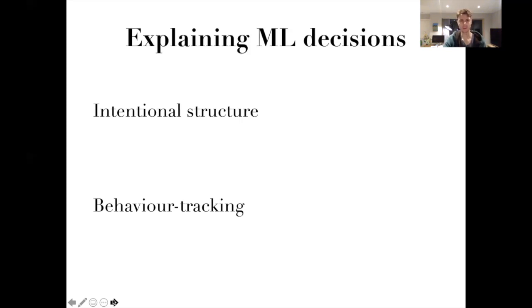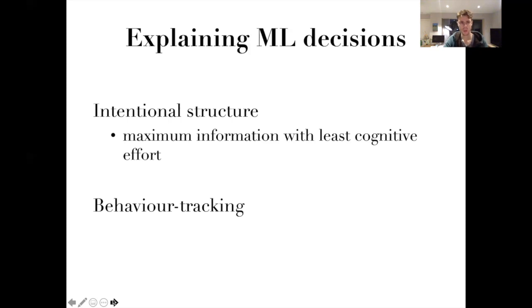So very quickly, by intentional structure, I mean beliefs and desires. They don't have to be beliefs and desires, but this is generally the way it's put. And what that does, intentional structure confers a certain compression, a certain brevity of form. And this ensures maximum information with least cognitive effort.